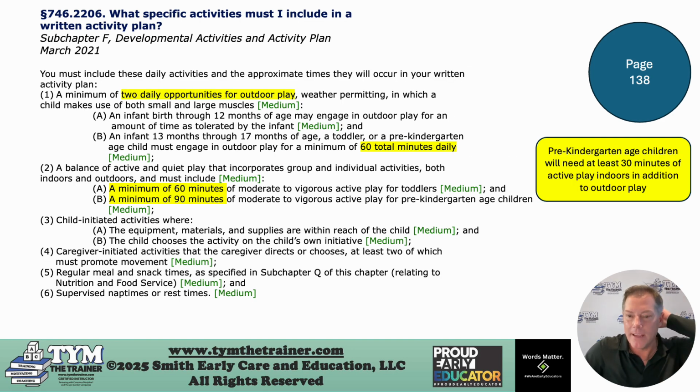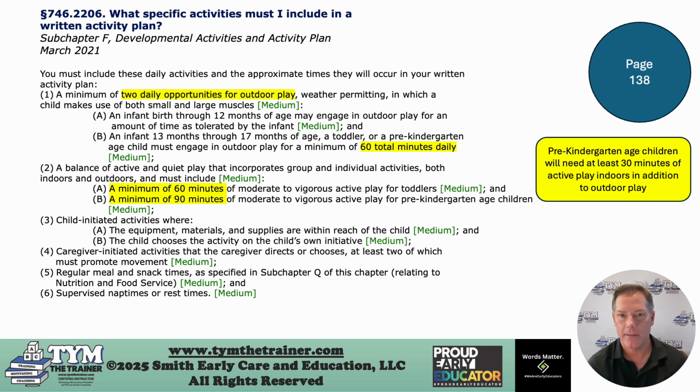Here is where I see people get confused sometimes, so let's focus on this one because this is where confusion comes in. When we talk about what must be included on your activity plan, you must have a minimum of 2 daily opportunities for outdoor play when weather permits, where children can use both small and large muscles.